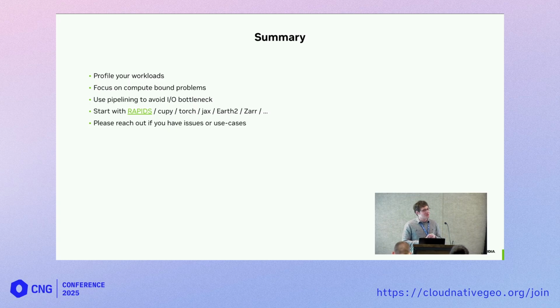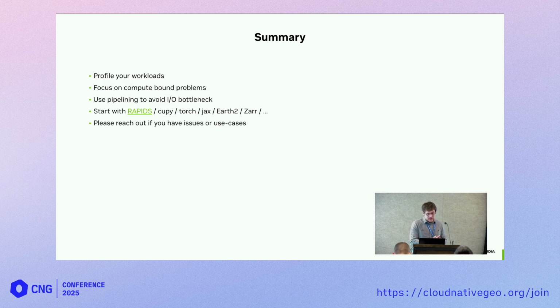Probably focus on compute-bound problems first. Like I mentioned, we do have I/O libraries like KvikIO, which helps with getting data from either disk or remote storage directly to the GPU. Or focus on pipelining to avoid that I/O bottleneck. So you have some things there to help that out. I would say start at the high level.